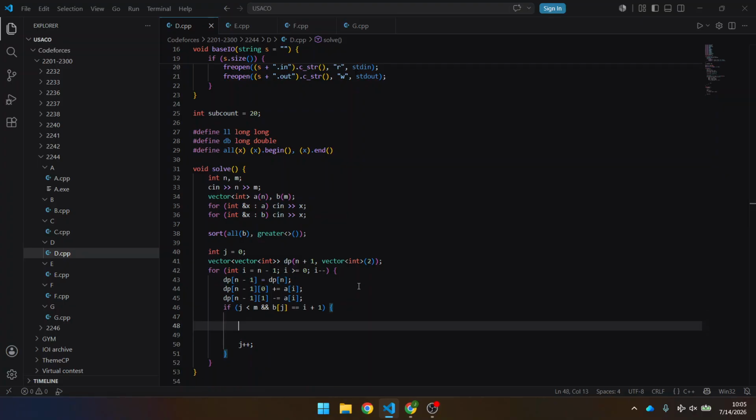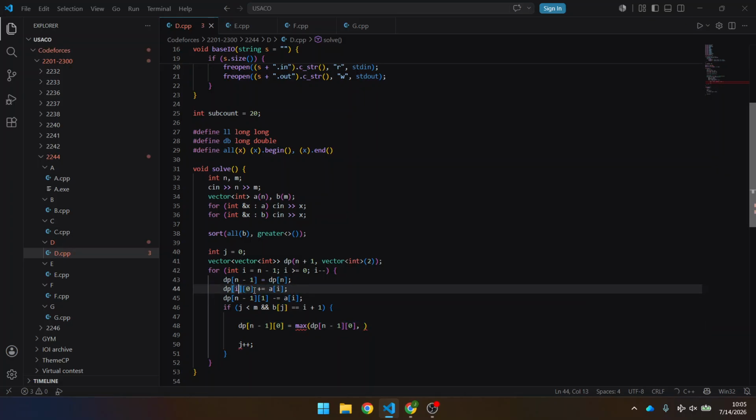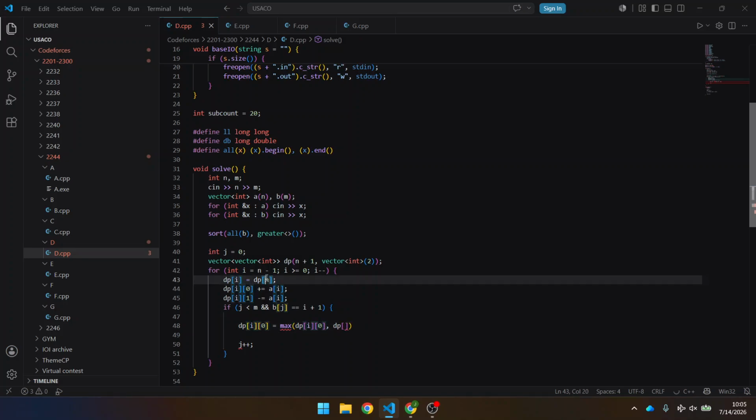So count can be flipped, right? So basically dp[n minus 1][0], times dp[n minus 1][1], dp[i][0]. So dp[i plus 1][0], dp[i plus 1][1], plus minus a[i].